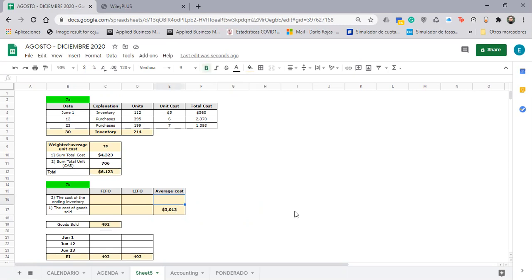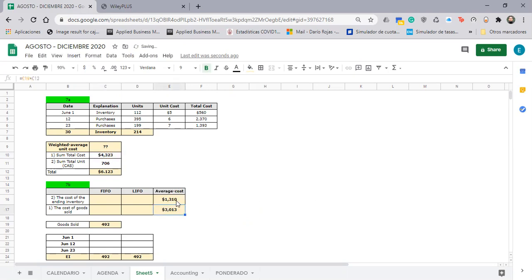Then, to find the cost of the ending inventory, the only thing that we need to do is to subtract from the sum of the total cost, that is 4,323 minus $3,013.